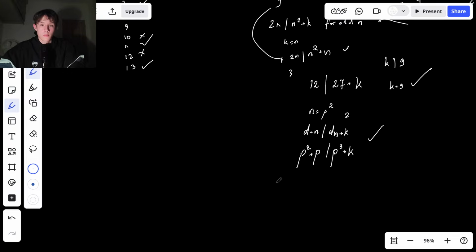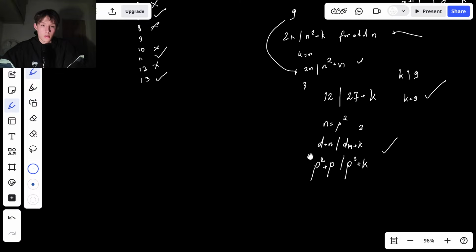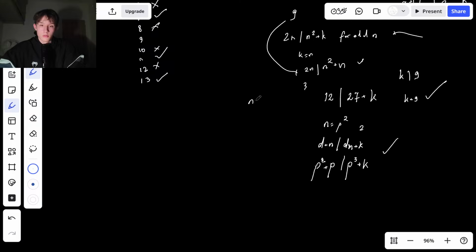Okay. Yeah, I think that works well. So how about n equals p cubed? So wait, p to the power of alpha, let's just quickly get that out of the way. So d will be then p to the power of some t, p to the power of t plus p to the power of alpha, where this is n, should divide p to the power of alpha plus t, which is the product, plus some k.